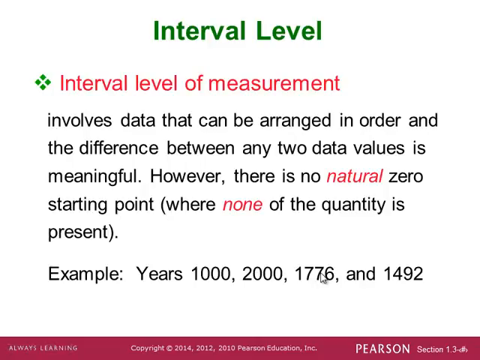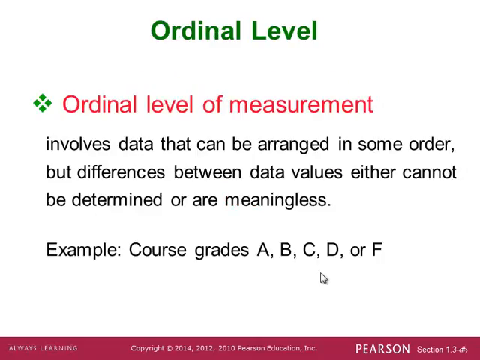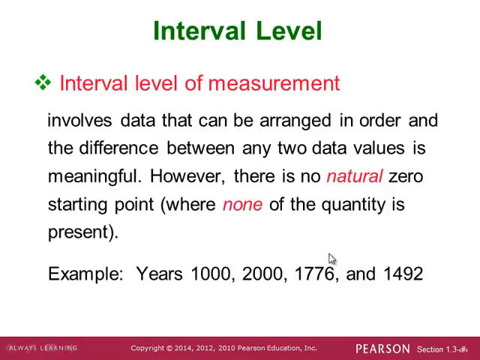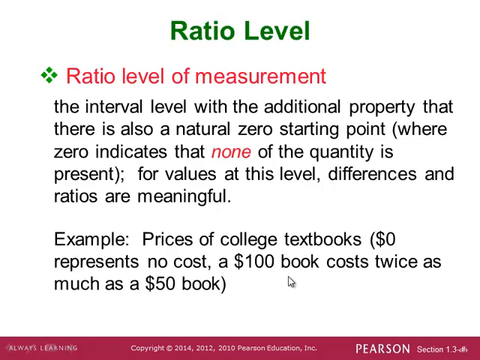That's different than that second level, the ordinal level, where we could order these data values, but the difference between an A and a B, we don't know how that compares to the difference between B and C, or between C and D, okay? But the differences between these interval level data are actually meaningful.